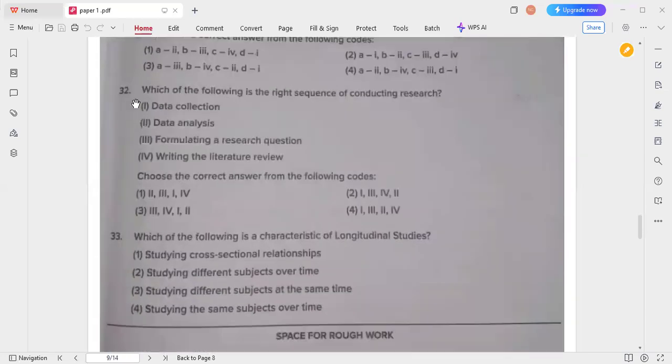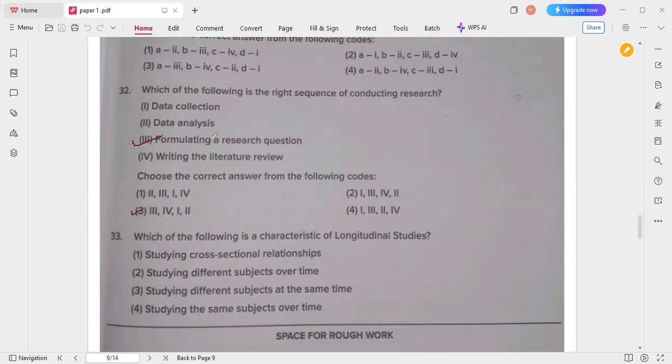So next one. Which of the following is the right sequence of conducting research? So to conduct the research, the right sequence are, the first thing is what? Formulating a research question. That is the first thing. So A3 is there in the first one, in the option 3.